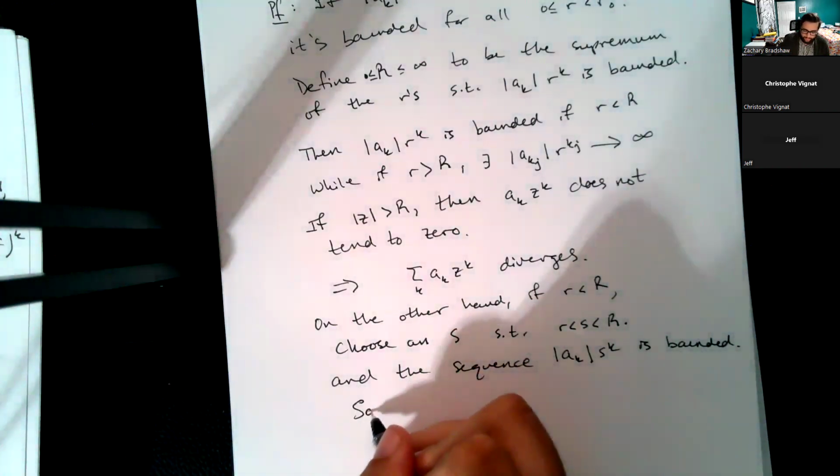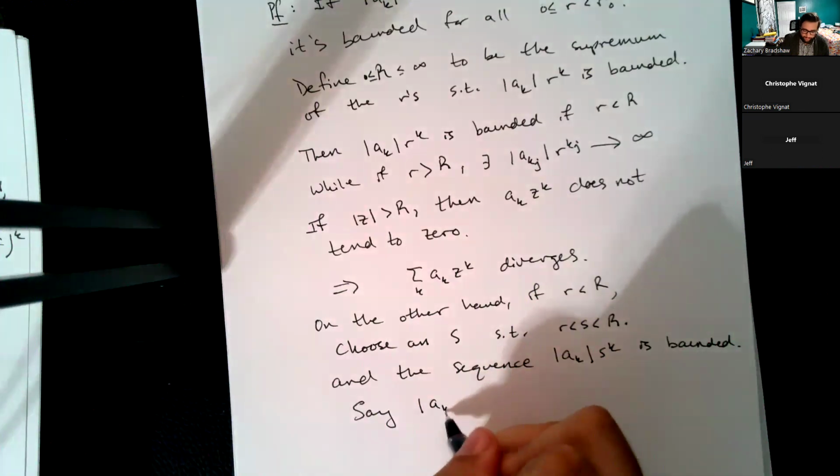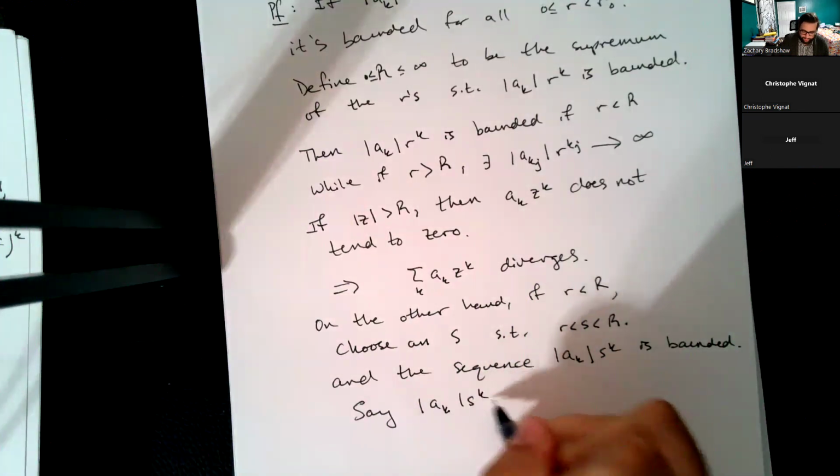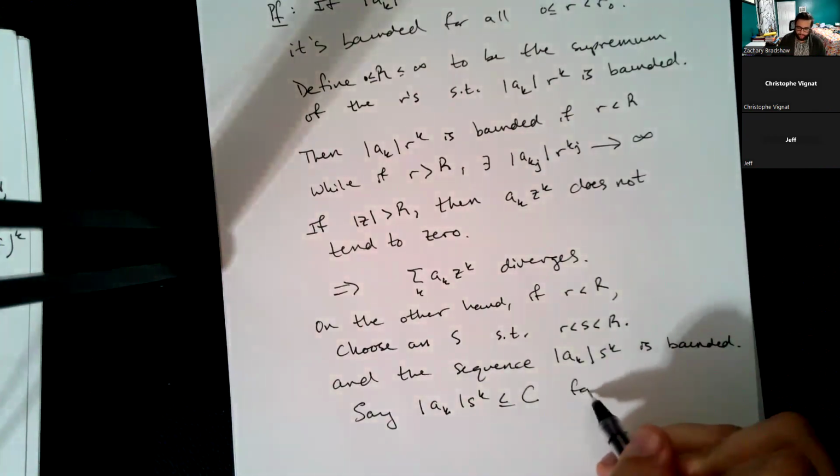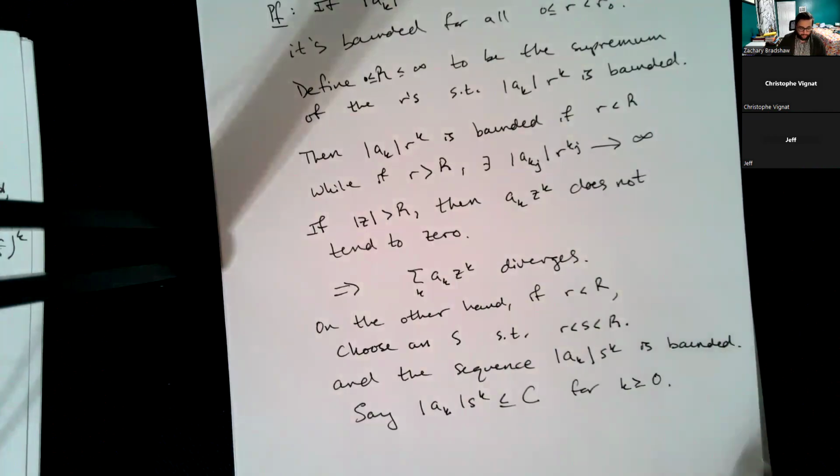Let's give that bound a name. Let's call it C. And this is for k greater than or equal to 0.